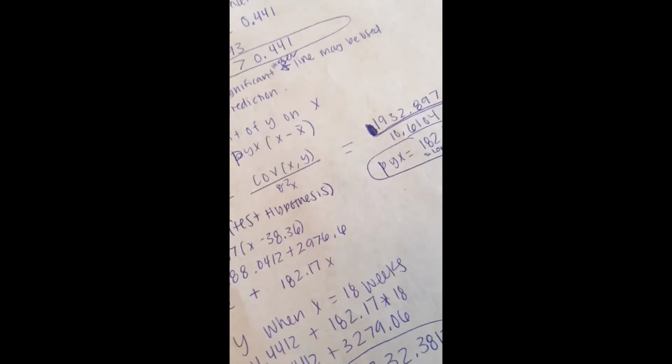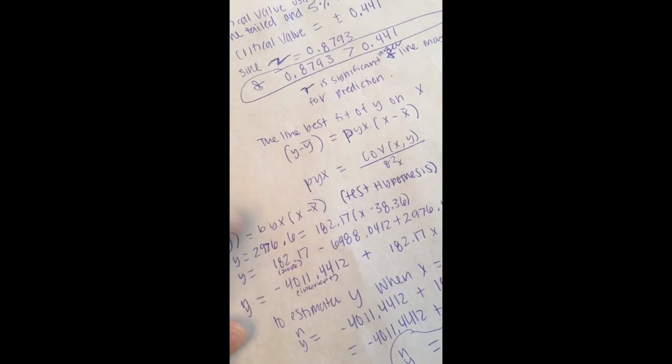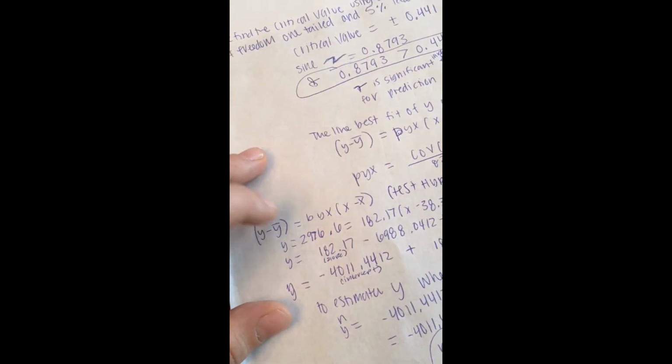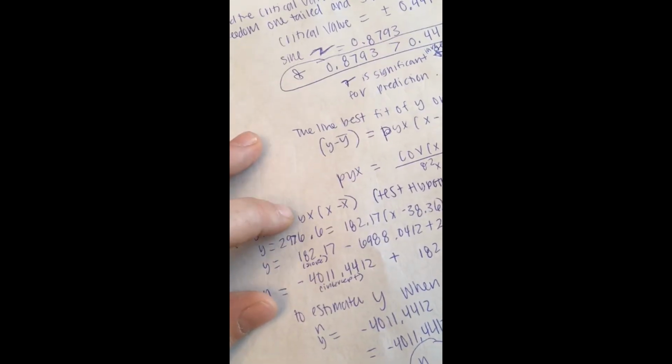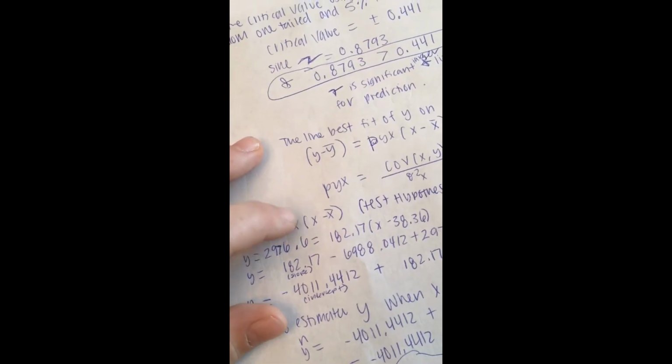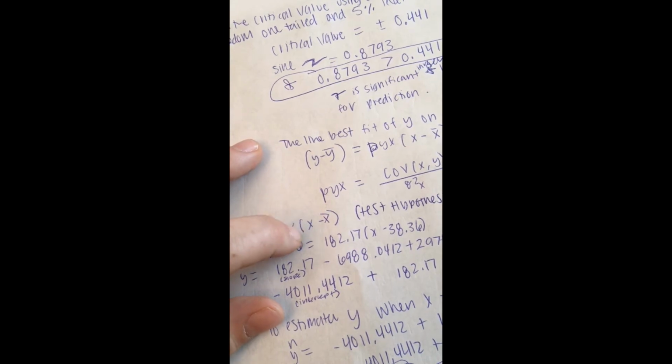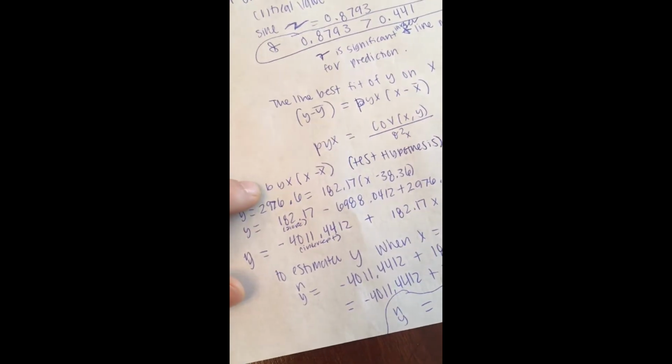Then to find the line, we have to use this equation here: y minus the mean of y equals b times x minus the mean of x. We need to find b, and to do that we punch in the numbers that we were able to find.